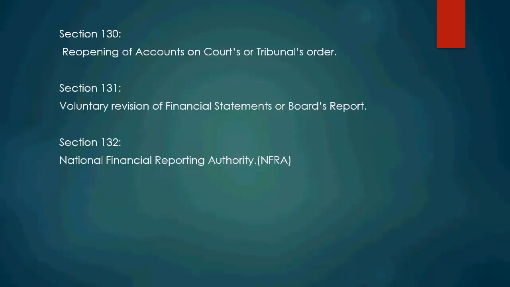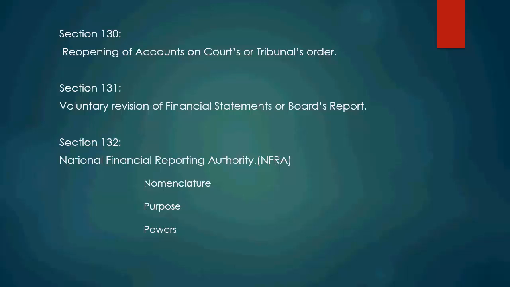So basically there are 2-3 things that we should be discussing about NFRA, which is the nomenclature difference that we have already discussed from NACAS to NFRA. The second is the purpose. Again, that has been discussed. The purpose was to be extended. The advisory role was to be extended to auditing standards. And it has also been made a regulatory authority for auditing, accounting and financial reporting purposes.